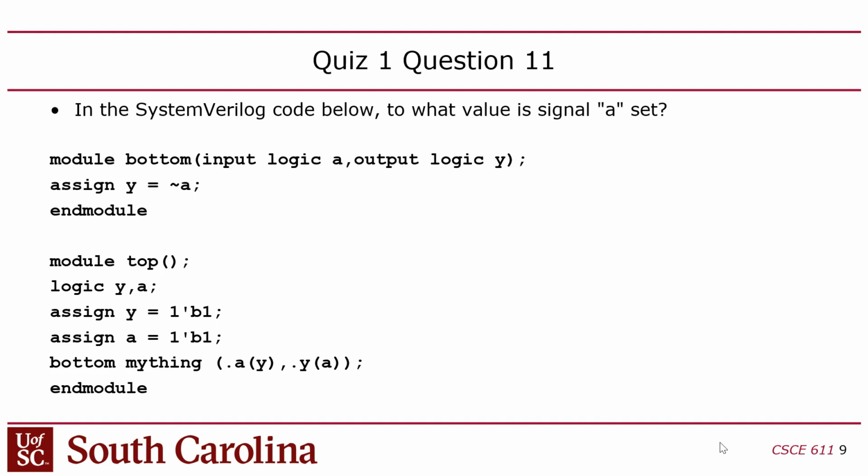Okay, so this is a good question, in my opinion, because this is a common thing that comes up in the projects in this class, where you may have something like this where it may not be entirely clear that there's a double-driven signal. One of the issues with SystemVerilog is that you can see the port names here when I instance it, right? I can see that Y is connected to the A port and A is connected to the Y port, but there is no indication of which of these is an input and which is an output.